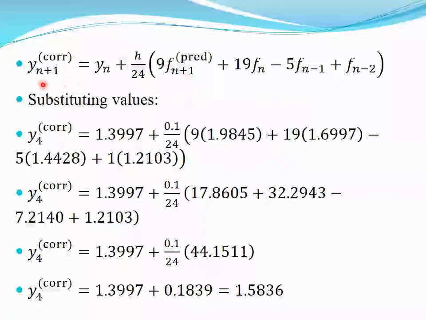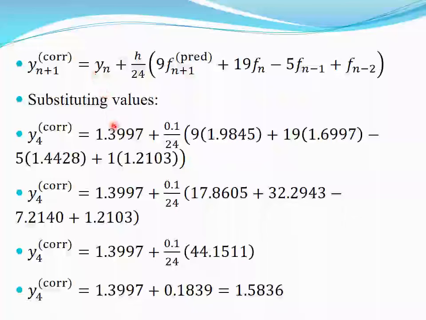It means n equals 3, y3, the value of h is 0.1, according to the formula 24 is given, and 9 is given. Now n plus 1 means 3 plus 1, f4, we get the predictor value f4, then we put these values. After that the plus sign is given, you write the plus sign. 19 is also given, and we write 19.